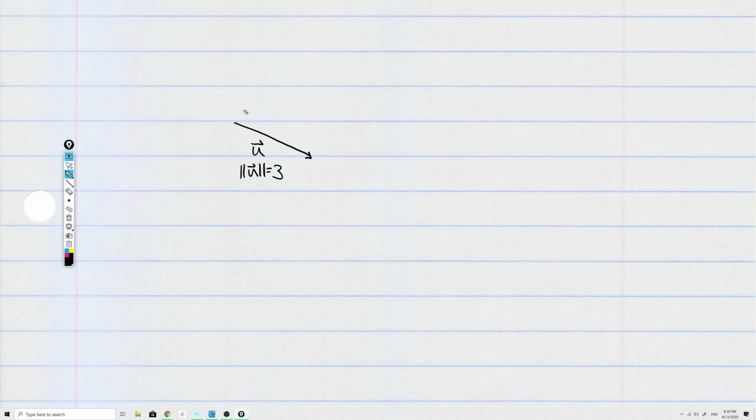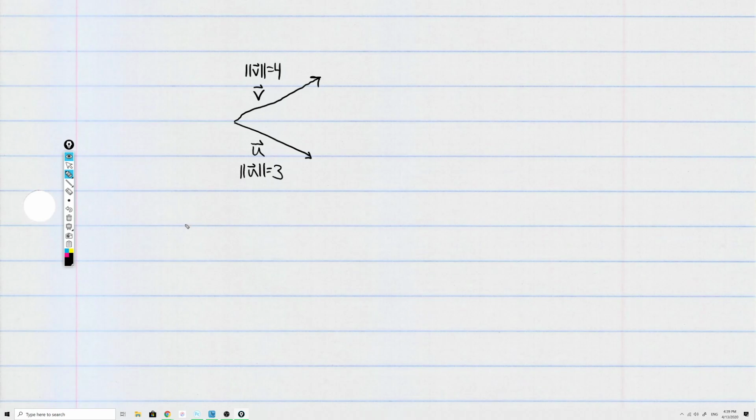And then how about we have vector v, and let's say that the magnitude of vector v is equal to 4. So the length of this arrow is 4.